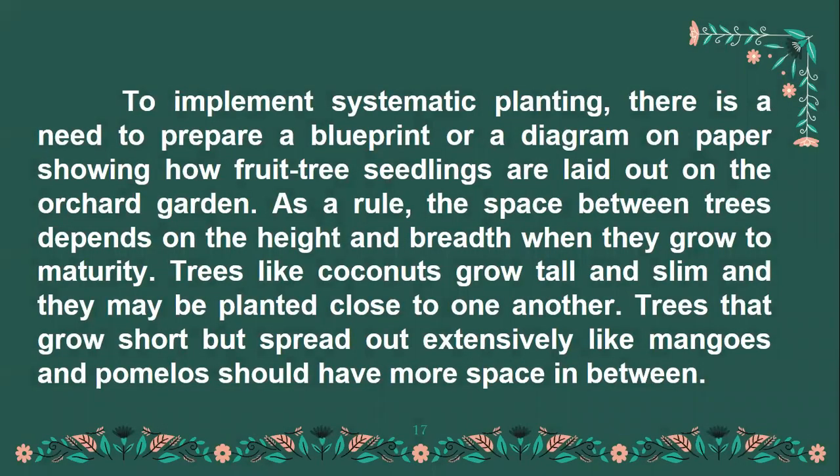To implement systematic planting, there is a need to prepare a blueprint or a diagram. Remember, a blueprint or a diagram on paper shows how fruit tree seedlings are laid out in the orchard garden. As a rule, the space between trees depends on the height and breadth when they grow to maturity.